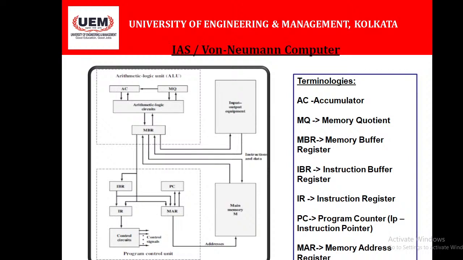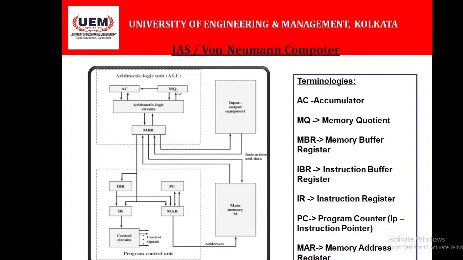Now in this context, it is relevant to mention the various nomenclatures of the main blocks given in this diagram. You can see there are different processor registers, and one of the major processor registers is the accumulator.